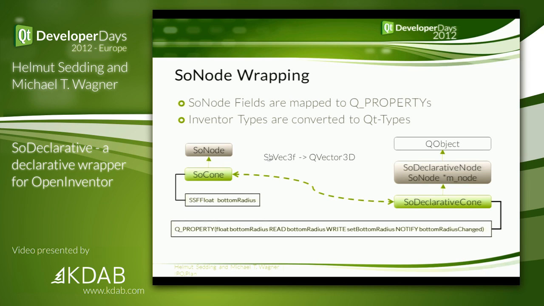So it also converts the Inventor data types like SbVec3f, which is a vector, into the corresponding QVector3D in this case, but also SbRotation to QQuaternion and all that kind of stuff. So yeah, the thing is, inside there is still the OpenInventor scene with OpenInventor nodes, but it's wrapped with the corresponding declarative nodes, which are accessible from QML.